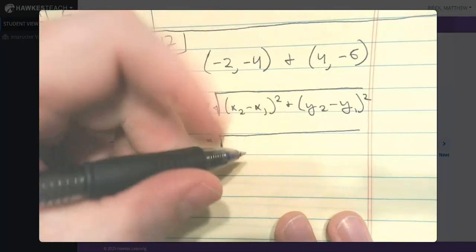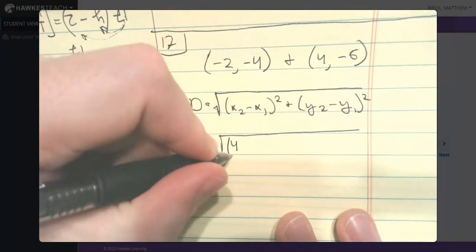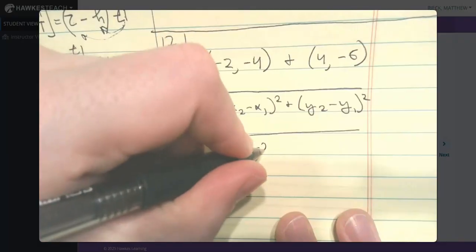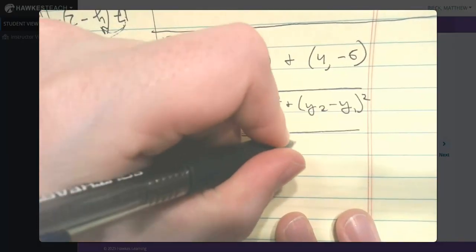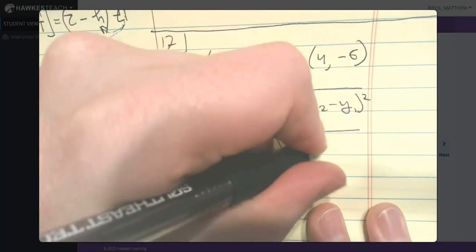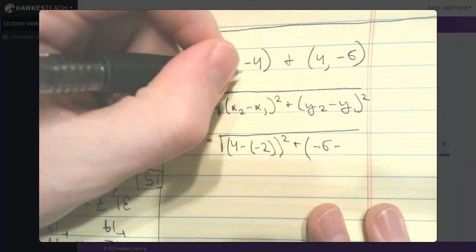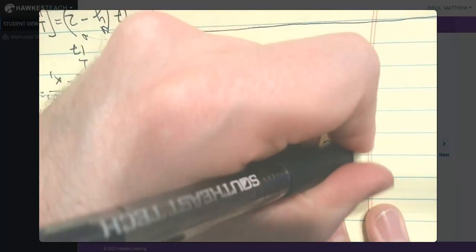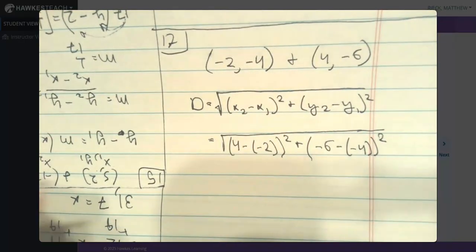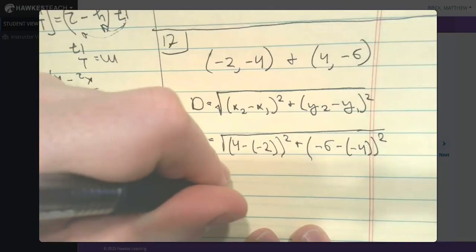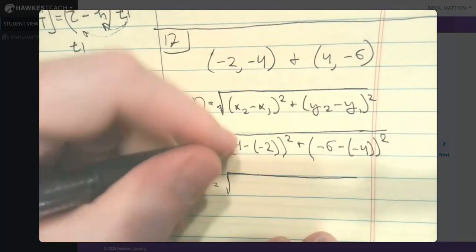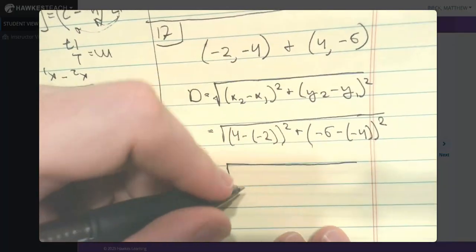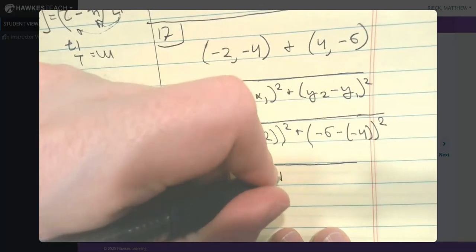All right, so you have x2, which is 4, minus x1, which is -2, squared, plus y2, which is -6, minus y1, which is -4. So 4 minus a -2, so that's going to be 6 squared.